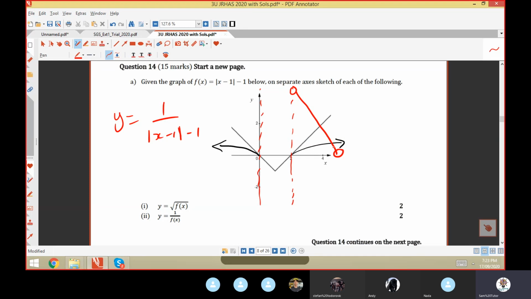I didn't know the rules on that. You don't. The thing is, 1 over a very small number is a very large number. So it's going to start somewhere up here. And 1 over a very large number is very small. So wherever it ends, have a circle.